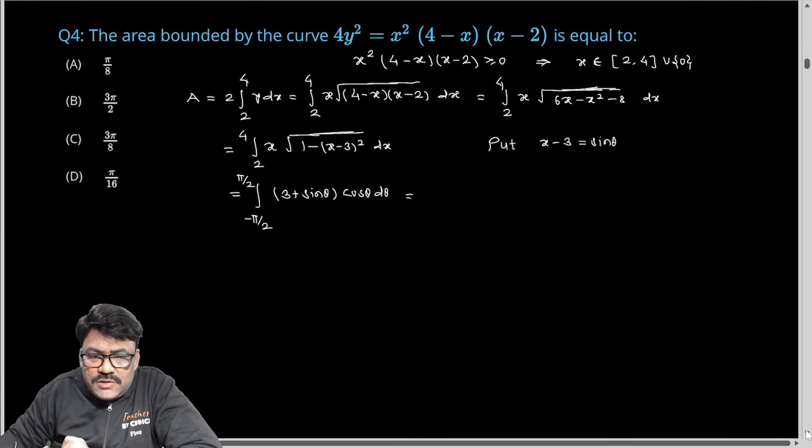Now it can be written as the integral from −π/2 to π/2 of (3 + sin θ) cos θ dθ.